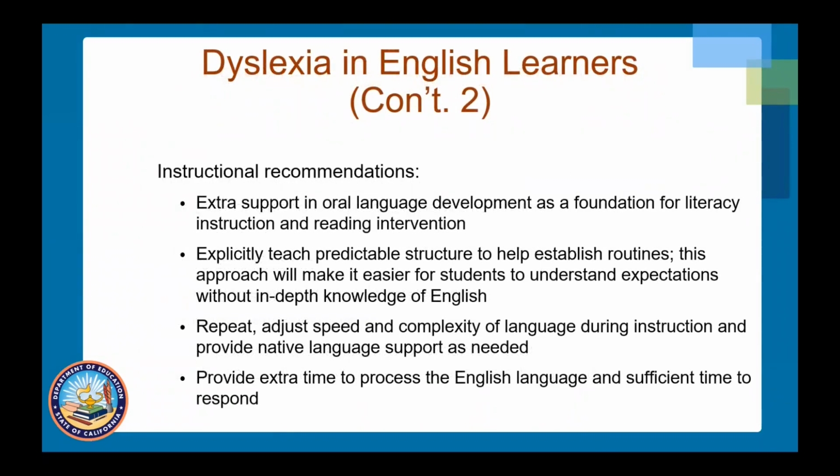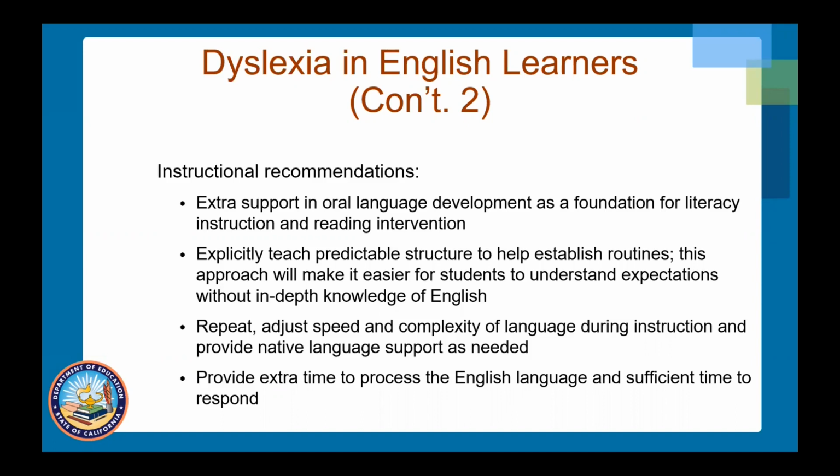English learners should receive instruction and intervention that aligns with the guidelines' recommendations on effective approaches for teaching students with dyslexia that we will cover a little later in this webinar. However, there are some elements of instruction that need particular emphasis for English learners.